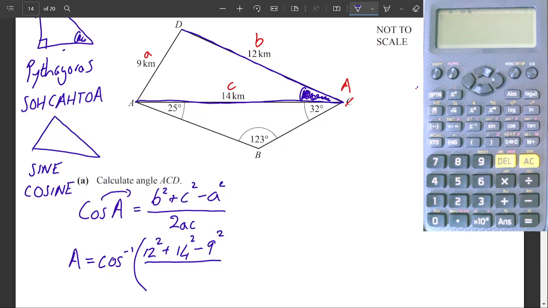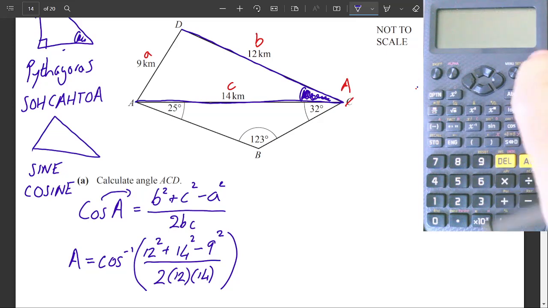Can't be anything else. Then 2 over A. Yeah, see, that's wrong. That shouldn't be AC. It should be BC. Because it's those two values that don't matter. 12, 14, 14, 12. All that's left to do now is hammer that into our calculator.